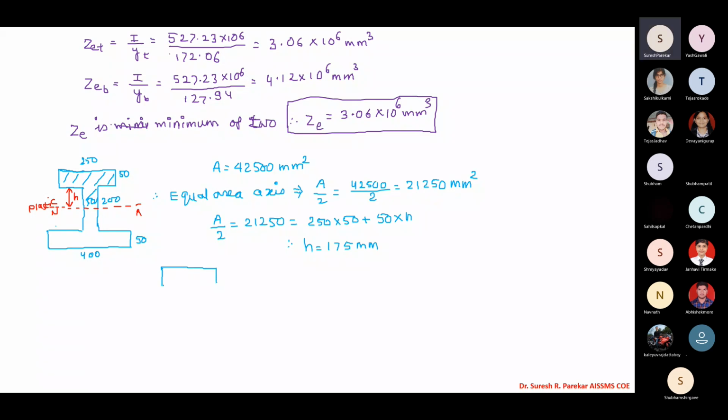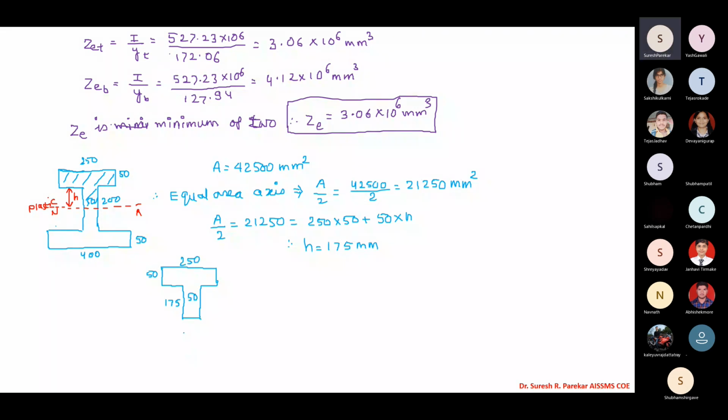If we separate them, it is easier to understand. I will make it separate. We have this on compression side. So I have this as 175 now. This is 50, 250 and 50.